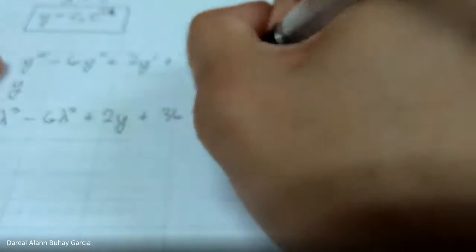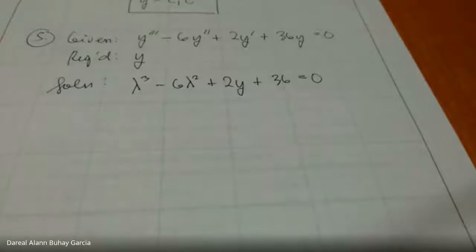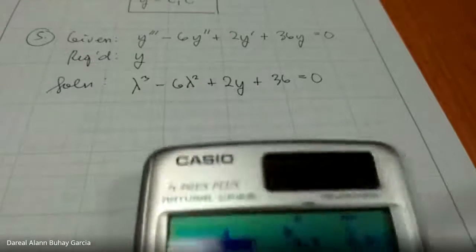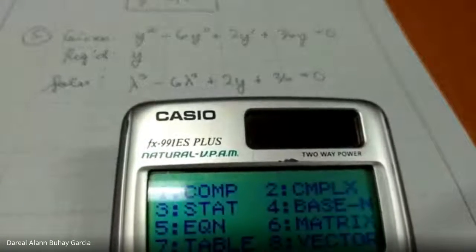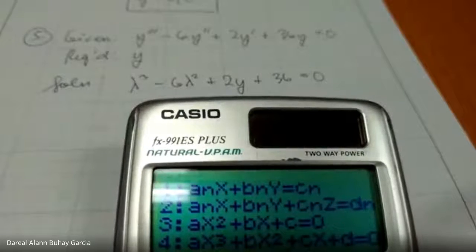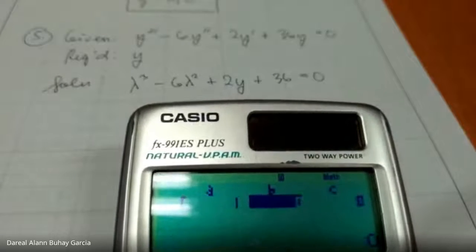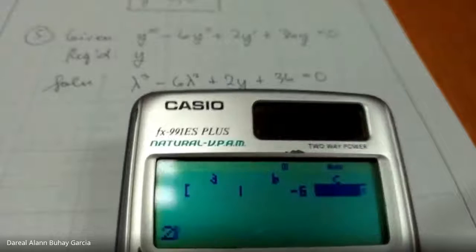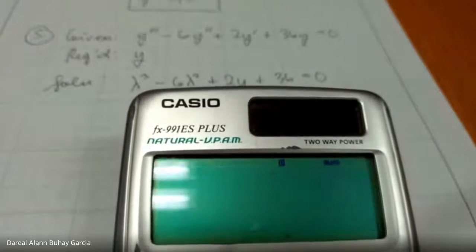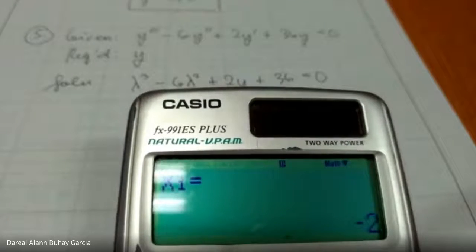So, this becomes lambda cubed minus 6 lambda squared plus 2 lambda plus 36 equals 0. Okay. Negative 2.